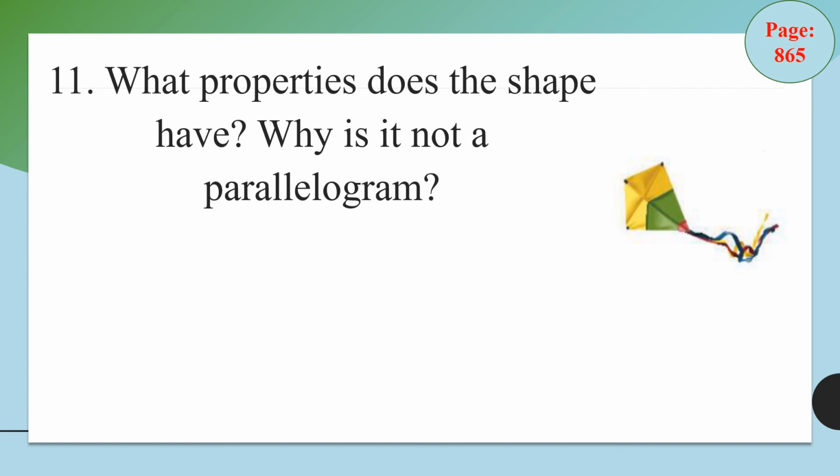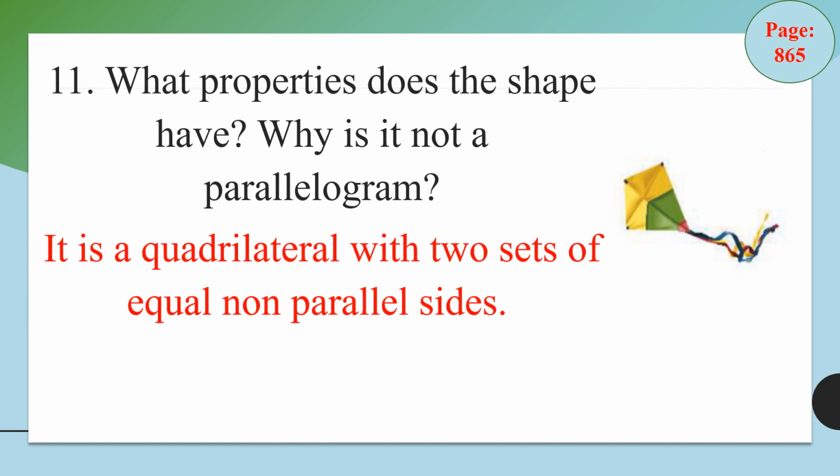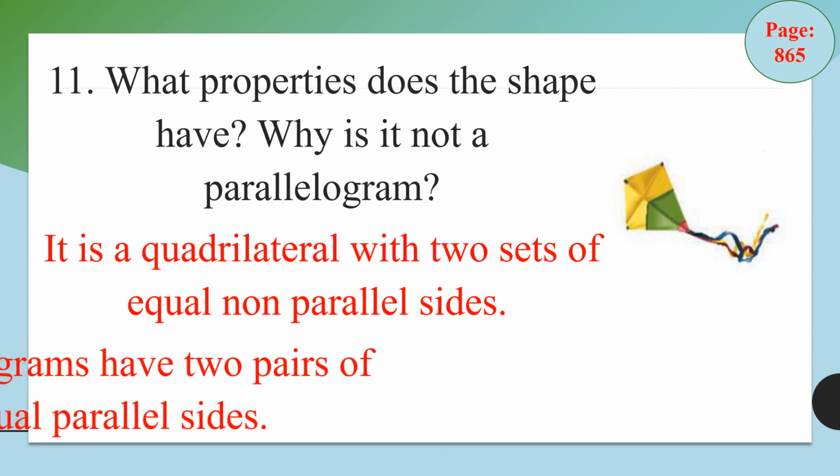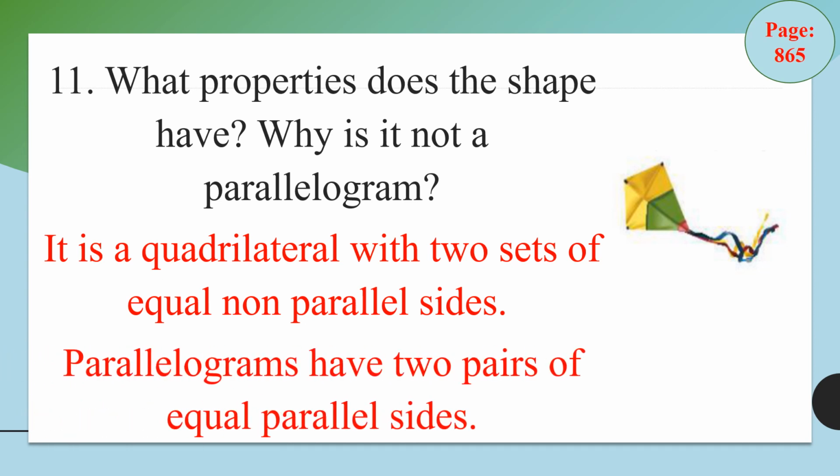But I can see that 2 pairs of lines are equal. So it is a quadrilateral with 2 sets of equal non-parallel sides. Now, what are the properties of a parallelogram? Yes, a parallelogram has 2 pairs of equal parallel sides. So as it does not have parallel sides, it's not a parallelogram.